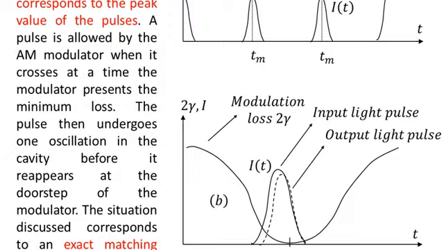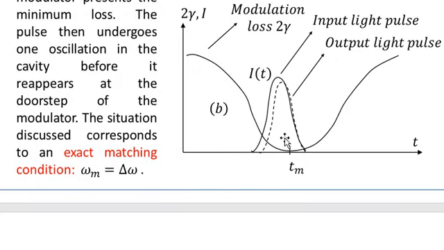And as a result, what is happening? You see that this dotted pulse has a smaller width in comparison with this broader solid pulse of the laser. So due to slight mismatching, the pulse has narrowed down in the time domain.